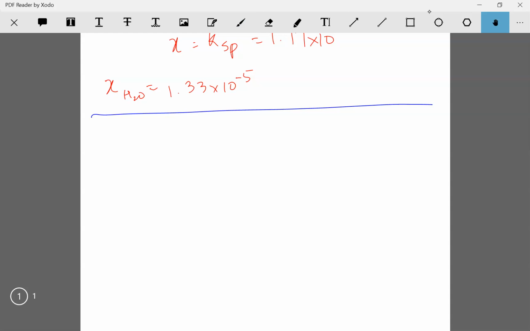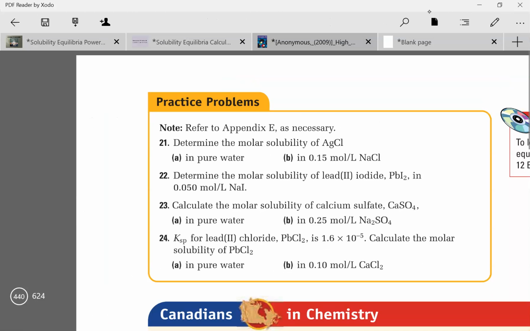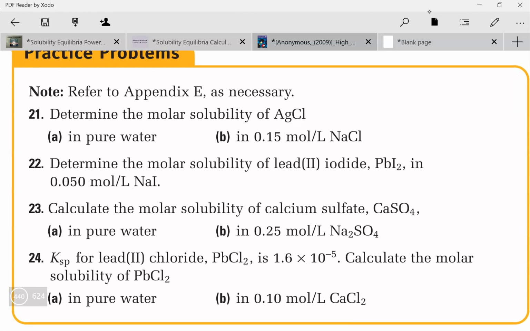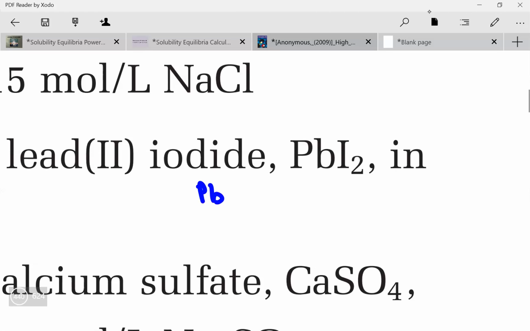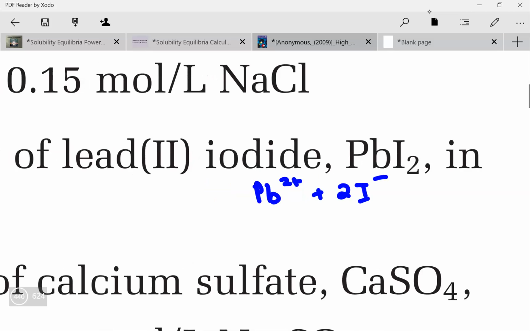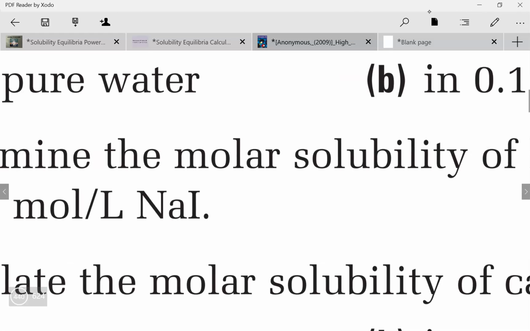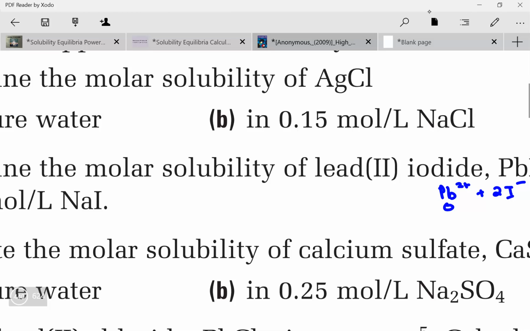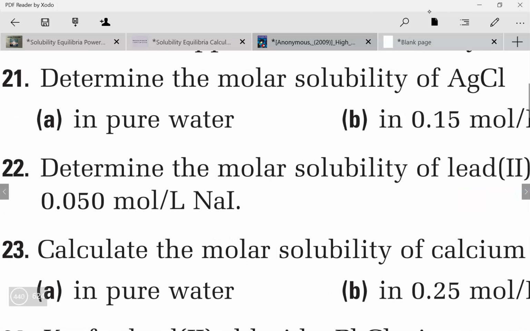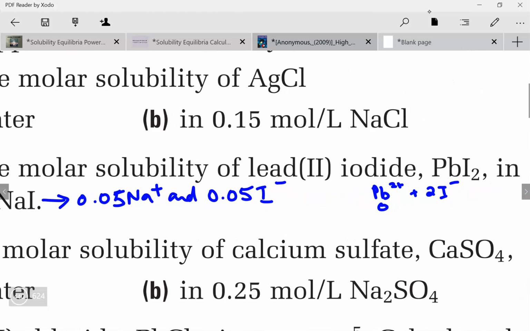Similarly, we can answer multiple questions in a very similar fashion. 22 is lead iodide in 0.05 moles per liter of NaI. Again, lead. And our concentrations of lead are going to be 0, and an initial concentration of iodide is going to be, again, here, this is basically 0.05 Na plus and 0.05 I minus, and we're going to use the 0.05.